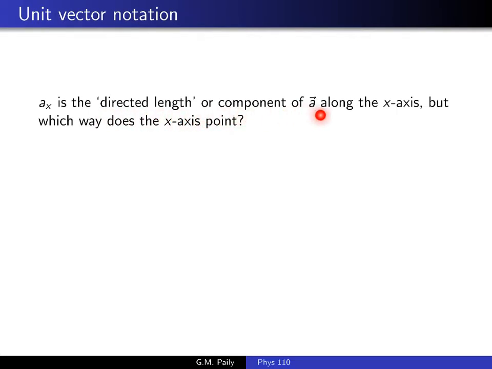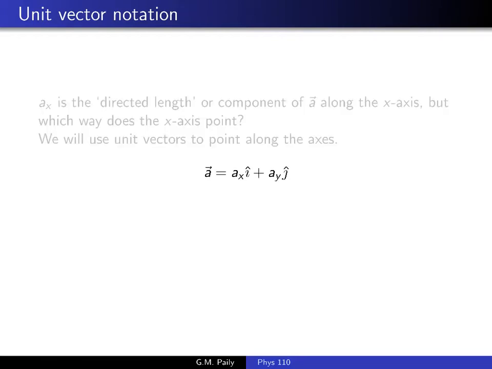So ax is the directed length or the component of A along the x-axis. It is the projection or shadow of the vector A along the x-axis. But in which way does the x-axis point? Note that we will use unit vectors. So in the xy plane, for example, we would write vector A is equal to ax times i hat.